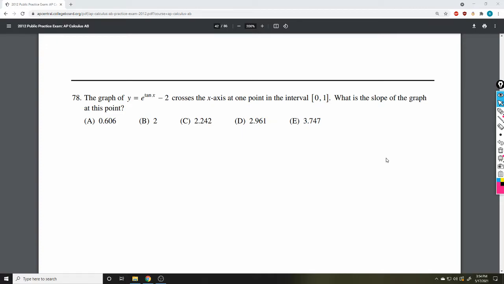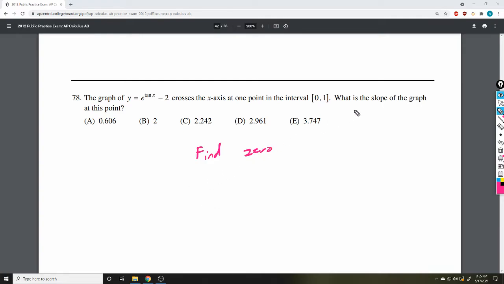The graph of e to the tangent x minus 2 crosses the x-axis at one point between 0 and 1. So first off, you need to pull out the calculator and figure out where that is. Where does it cross the x-axis? So find the 0 at that point.